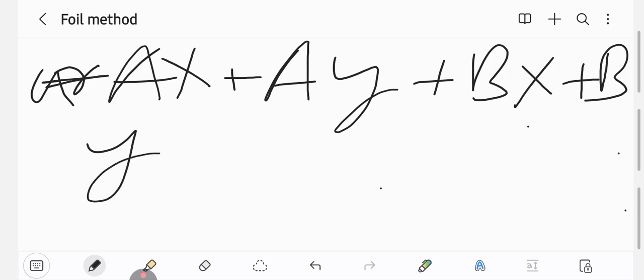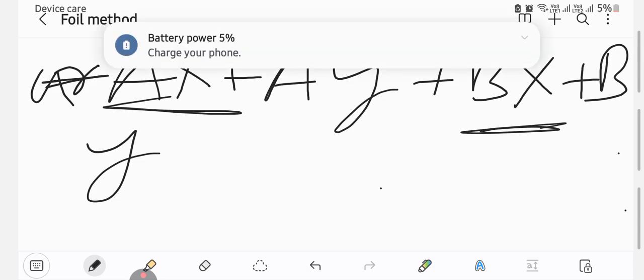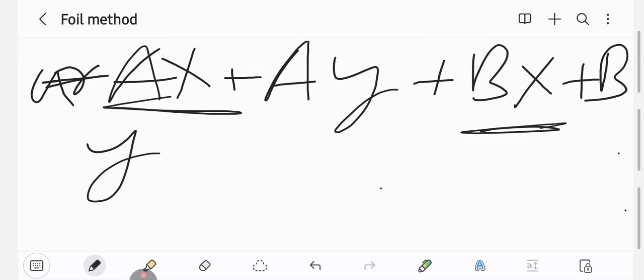In this case, you cannot add the like terms because they're completely different numbers, a times x and b times x. If they were numbers, like 1 times x plus 2 times x, then you can add, but until then you can't add them.